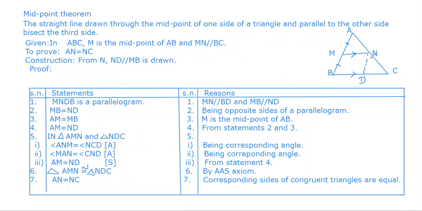Now we have to prove N bisects AC, it means AN and CN are equal. For that, we construct a line ND parallel to MB.